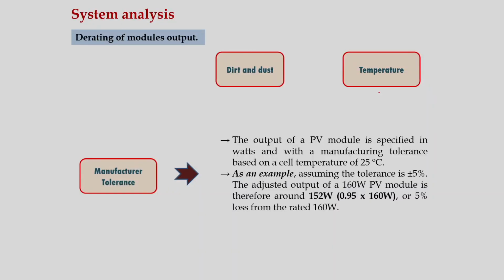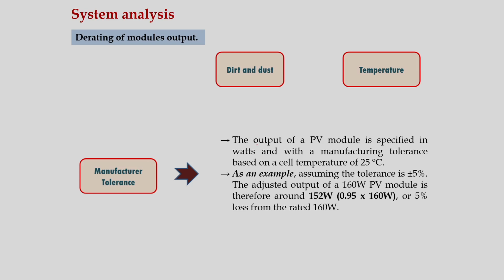So, when we talk about manufacturer tolerance, when a module is manufactured, it has got some kind of tolerances. Okay? So, that has to be considered when real PV module performance is estimated or analyzed.